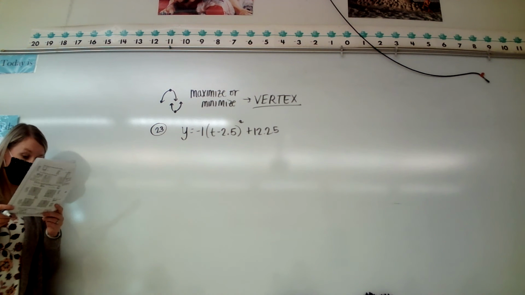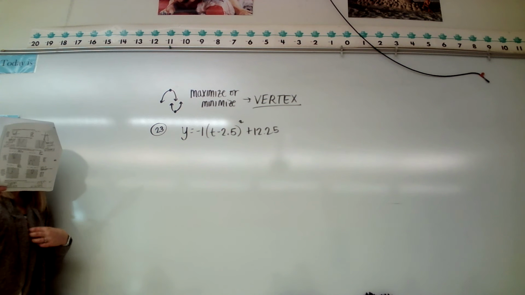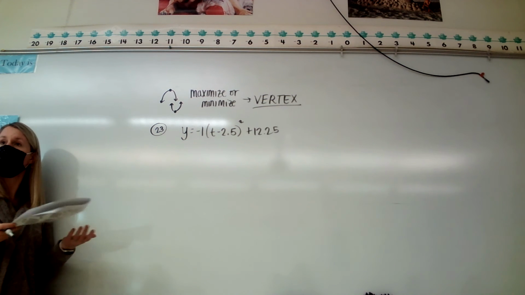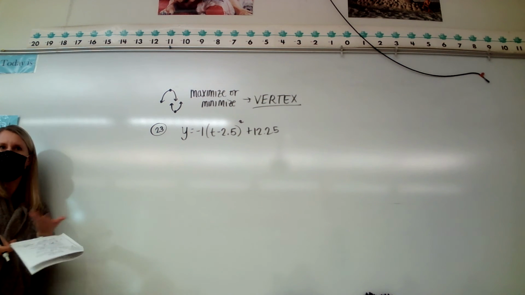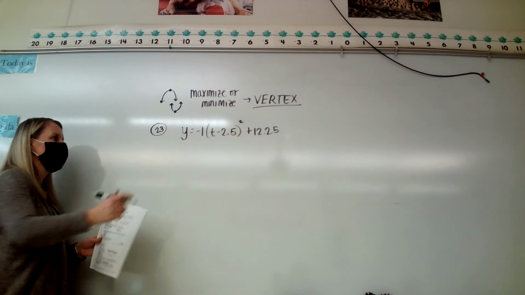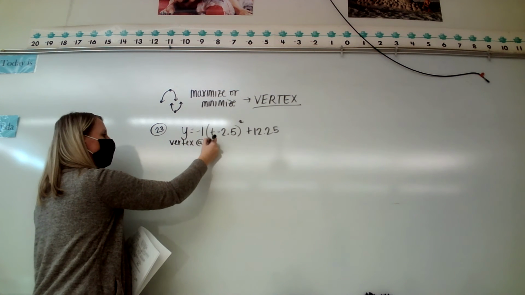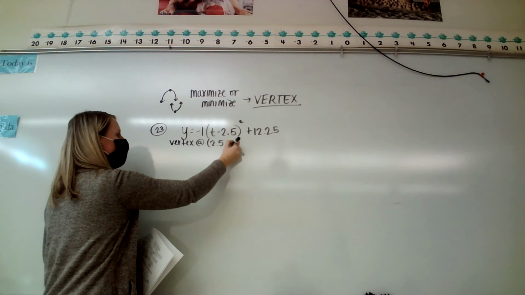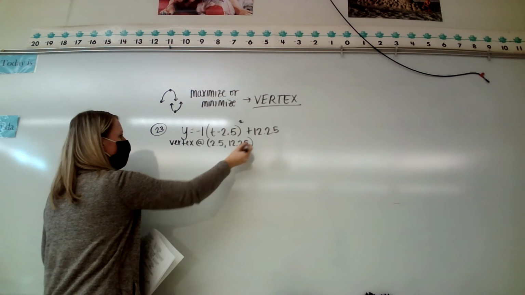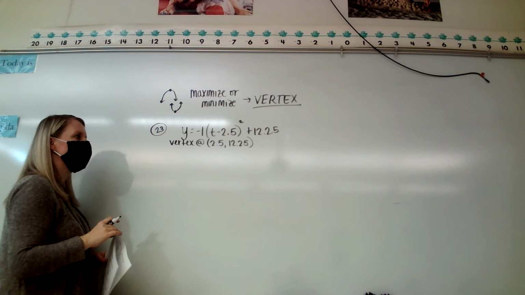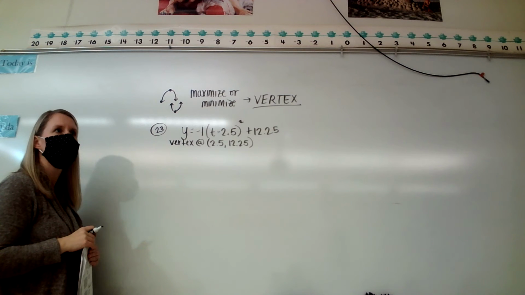Okay, so we have good old vertex form. Now the nice thing about the first question, it just says, what is the maximum height of the football? I can just get that from the vertex. It's right there. We don't even have to do anything. So just as a reminder, we know the vertex is at the point 2.5, 12.25. Which one of those is the maximum height? 2.5 or 12.25? 12.25.